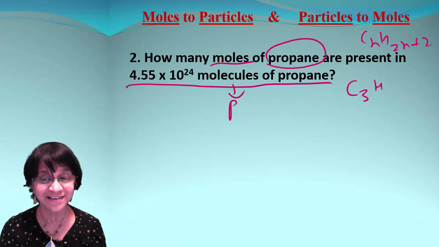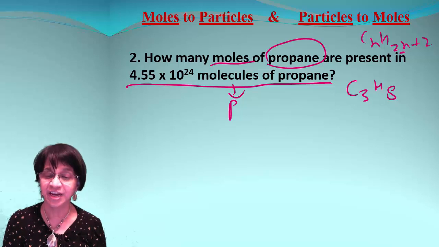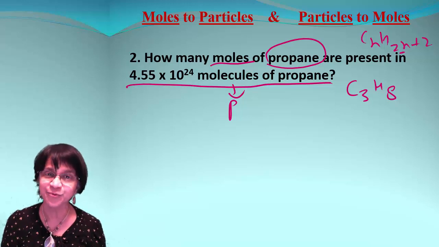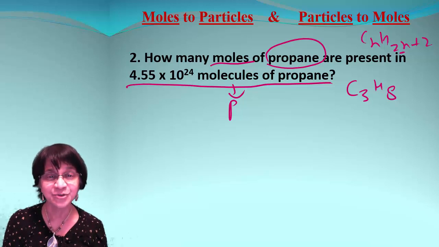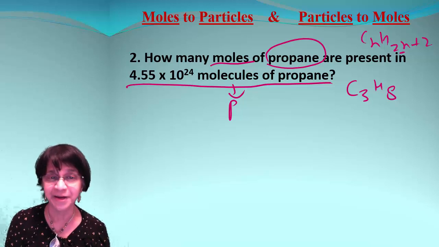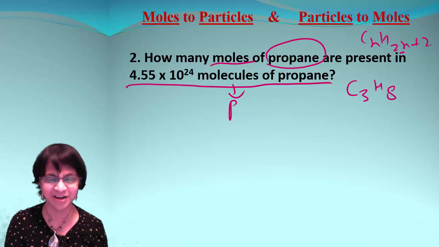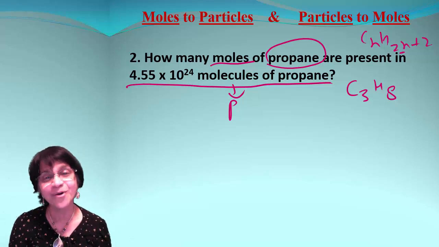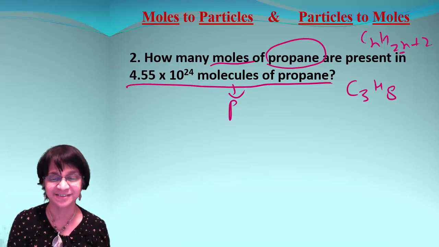So how many hydrogen is that? It will be 3 times 2, which is 6. 6 plus 2 will be 8. C3H8. Now, although I am writing the formula, we are going from particles to moles. So there is no need to find out molar mass. So please do not spend your time calculating molar mass if you're going to particles.